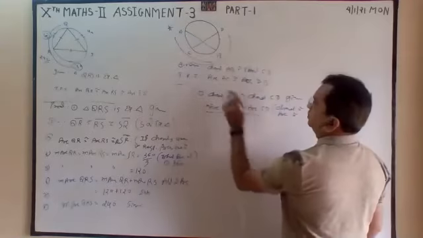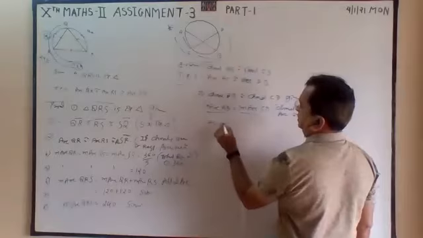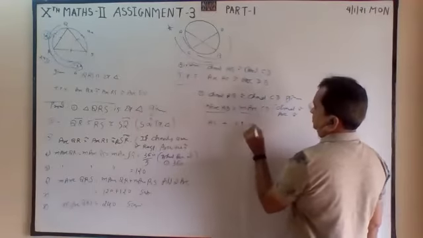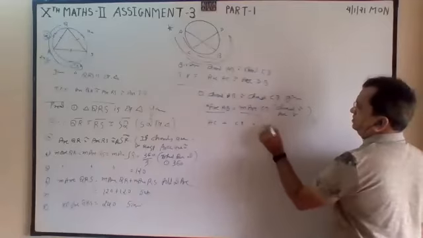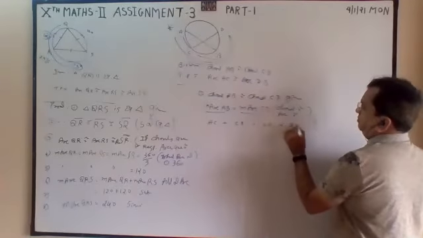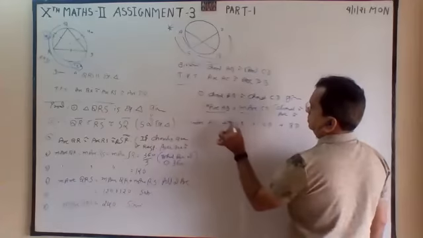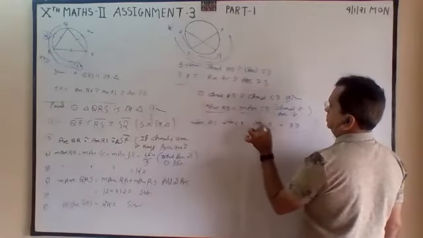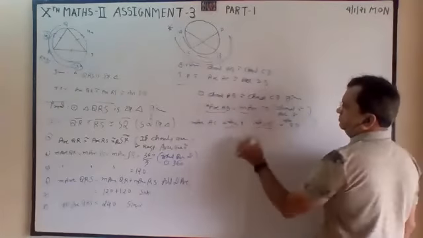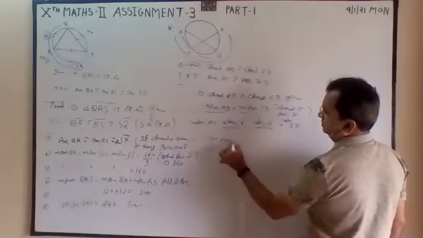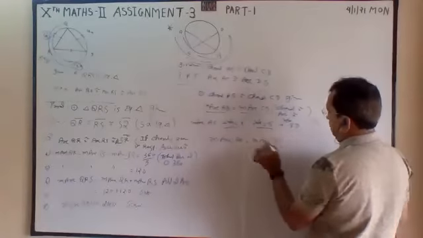And now this divides into two parts. AB will divide into two parts, 1 and 2: AC plus CB. This will divide into two parts, CB, BD. So CB cancels. So arc AC, arc BD.